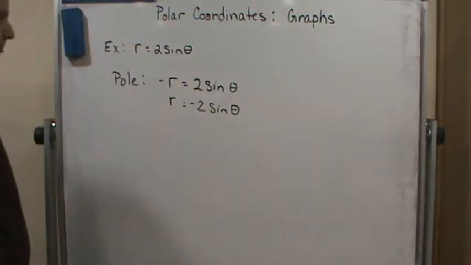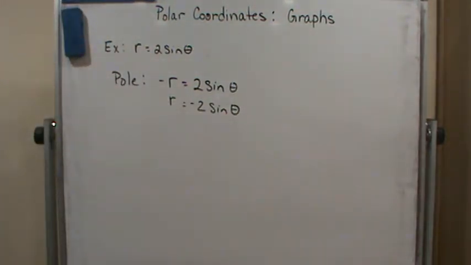And of course, it fails. We don't get the original equation back. So it may or may not be symmetric with respect to the pole. Again, just because it fails the test doesn't mean that it is guaranteed not to have that corresponding symmetry.